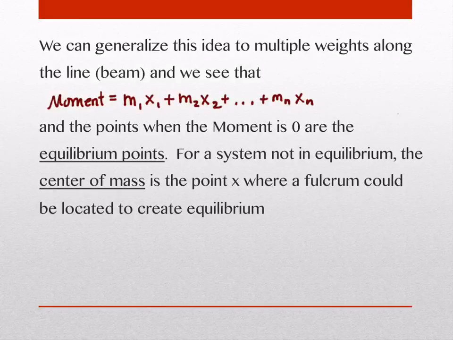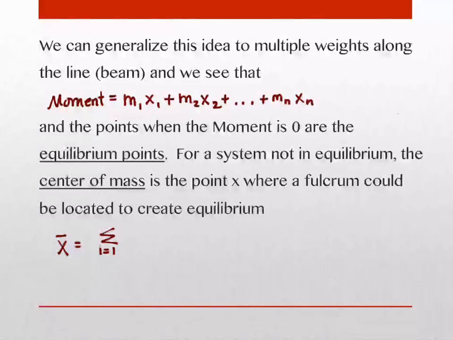So this equilibrium point, this balancing point we're going to call x bar, would be, and this notation might be a little bit foreign to you, so write it down first and then I'll explain the notation in case you haven't seen it.